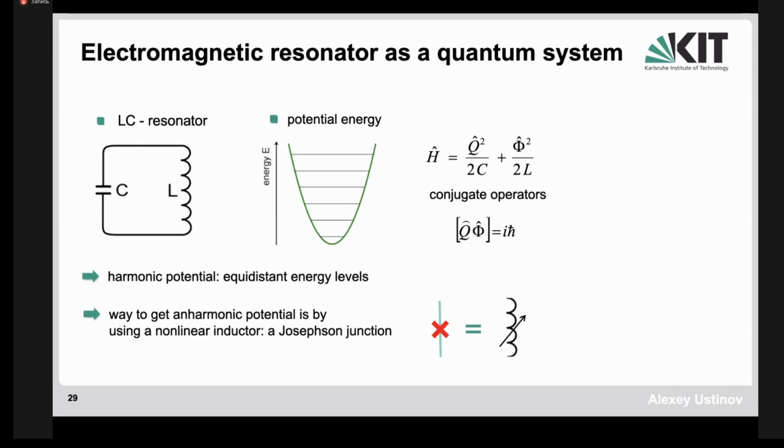If you radiate with electromagnetic radiation, then of course you will occupy all the higher states. If you use classical radiation, then you simply get a coherent state of the oscillator, and there is nothing interesting in that. So to change this potential profile to something different from a parabola, one needs to make it anharmonic. Simply, one can replace this inductance by a Josephson junction. The Josephson junction is in a way a nonlinear inductance. The reason I will explain to you on the next slide.